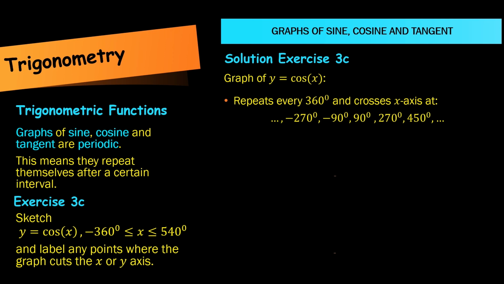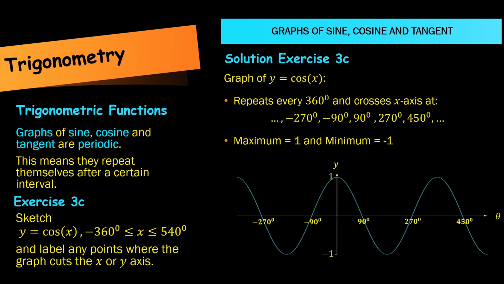So essentially every 180 degrees. The maximum of the cosine curve is 1 and the minimum is minus 1. So here's our curve. Here are the points at which cos crosses the x-axis.